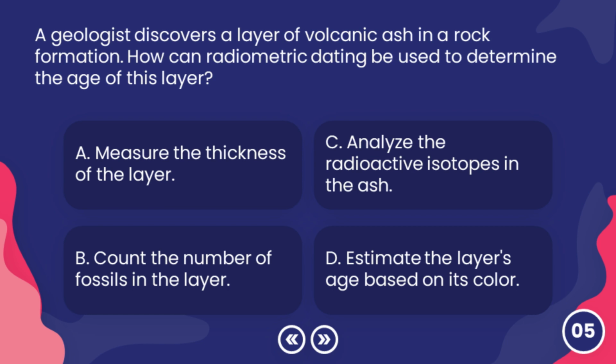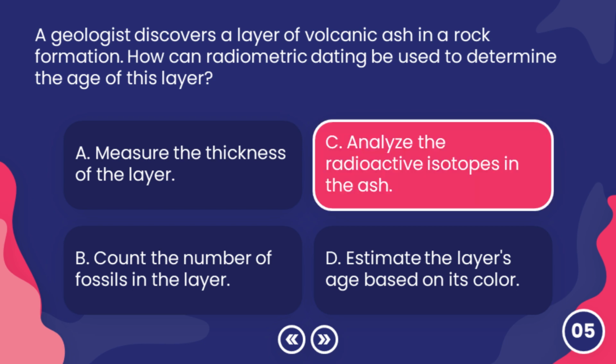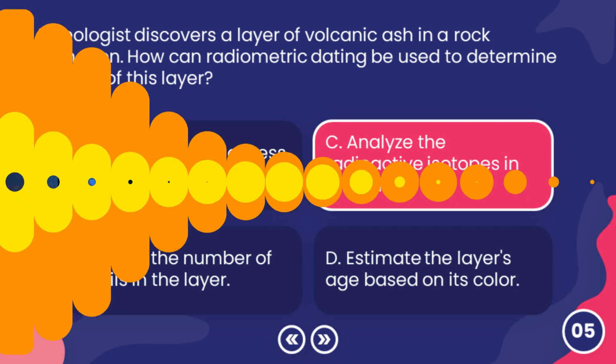D. Estimate the layer's age based on its color. What is your answer to this question? You got it right, it's letter C. Analyze the radioactive isotopes in the ash.